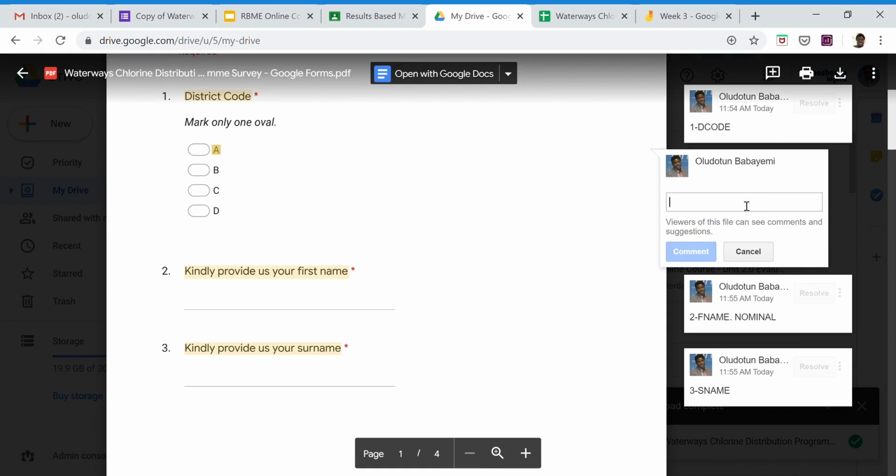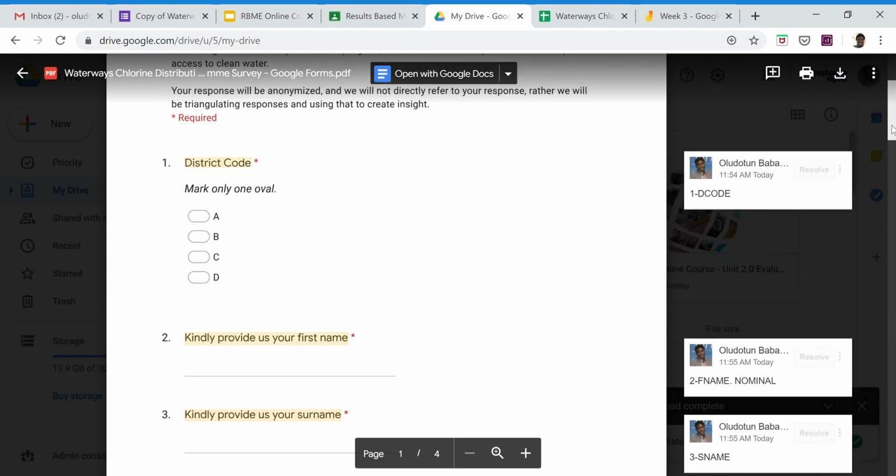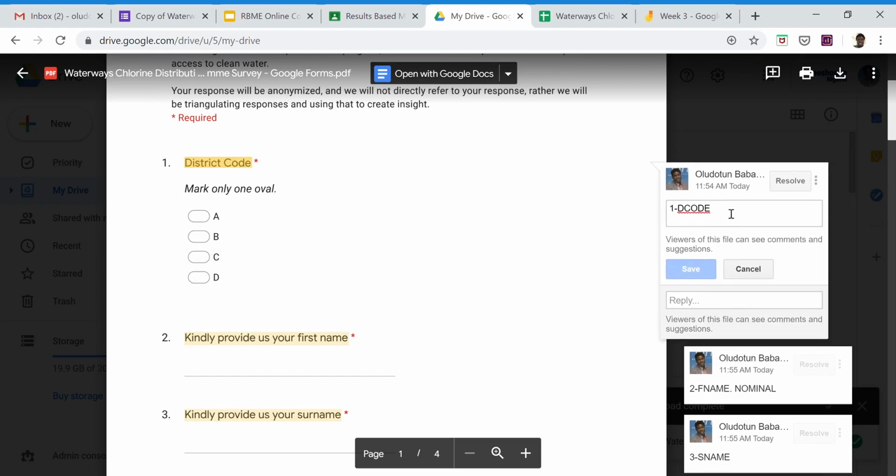So what we can do instead, for the response, I'm just putting this here, edit, because you have it on paper. So A means 1, B means 2, C means 3, and D means 4, right?